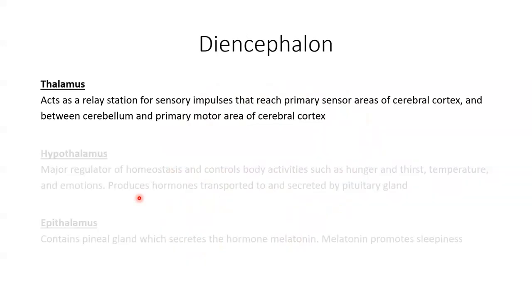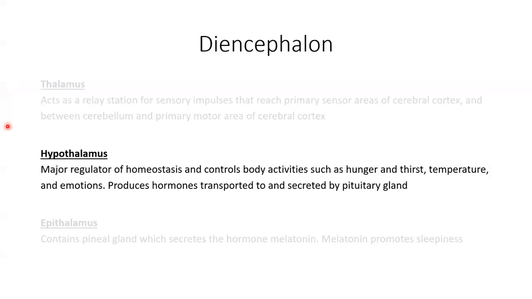So once again, recapping that in text for you, we have the thalamus, which is that central oval-shaped core of tissue. It acts as a relay station for sensory impulses that reach primary sensory areas of the cerebrum and between the cerebellum and the primary motor area of the cerebrum.